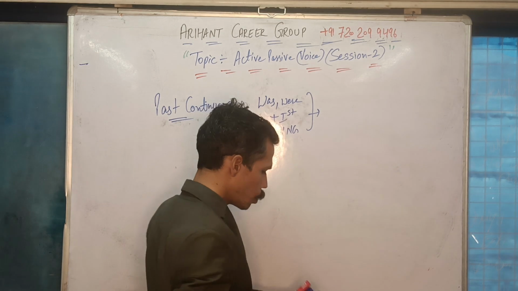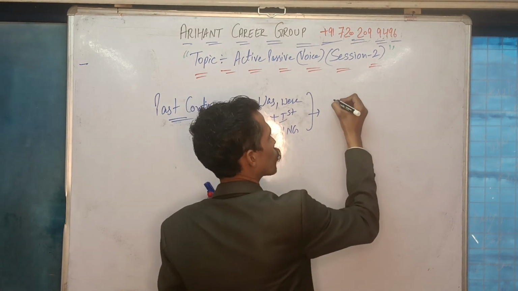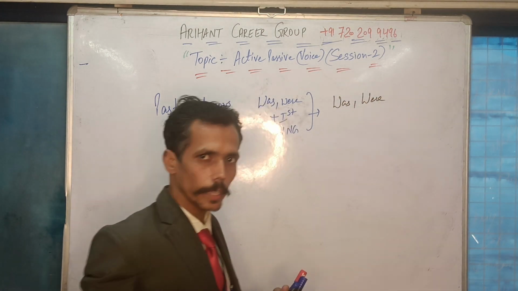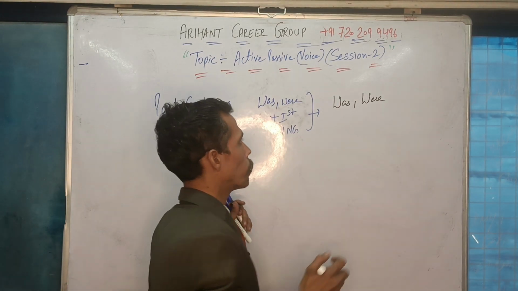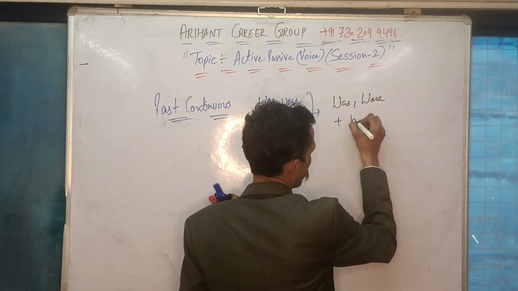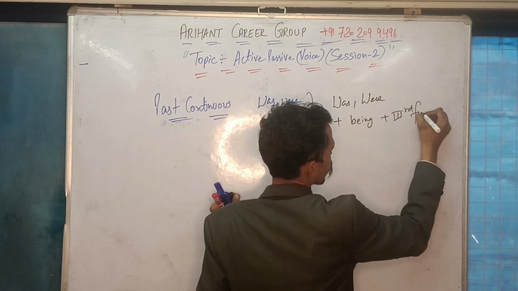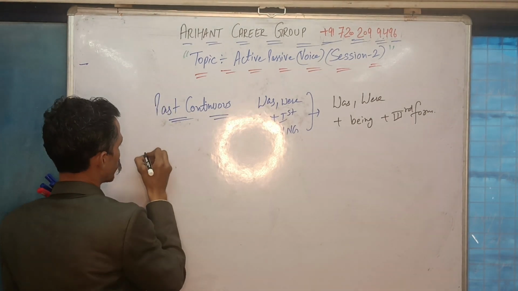In the answer, you will be keeping was or were. So that means you are not going to change the tense. Was or were will be there in the answer, like you were using is/am/are in case of present continuous. But your ing will become being plus third form.